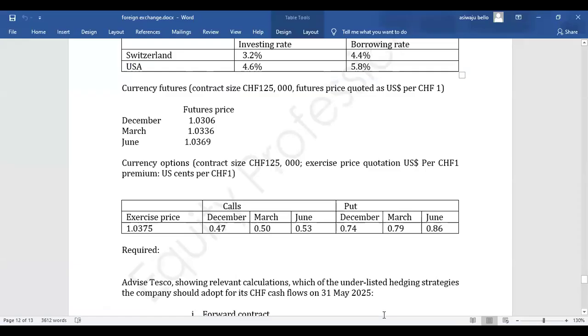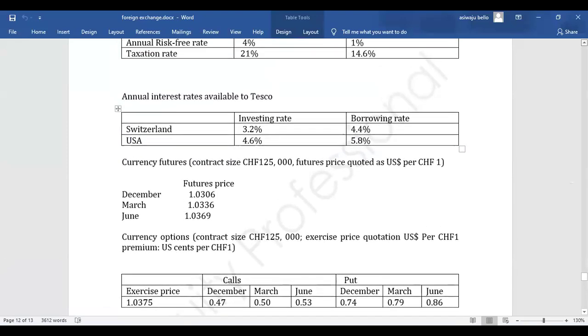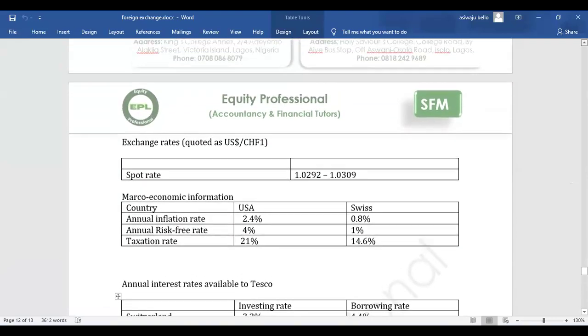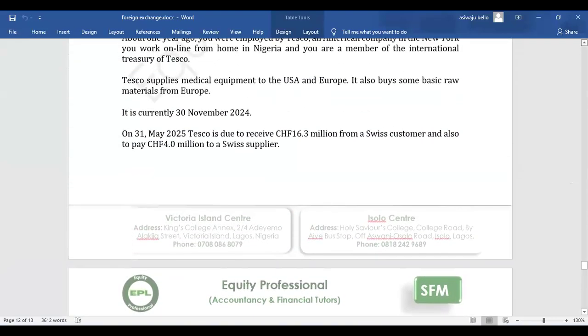Is that clear, please? So you are going to look at the transaction date. The transaction date is given in this question. The examiner says the transaction will happen, look at it, on 31st May 2025. Tesco is due to receive CHF 16.3 million.